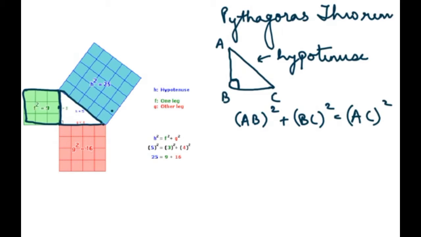So you see, if hypotenuse is 5, what Pythagoras theorem states? That h square should be f square plus g square. That is, 5 square should be 3 square plus 4 square. Mathematically also you can see that 25 is equal to 9 plus 16. Also, if you count the number of units in this square, it is 25, which is 9 plus 16. So we have proved that what Pythagoras theorem says is true.